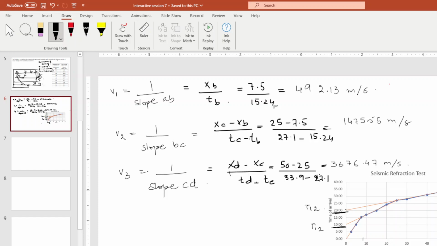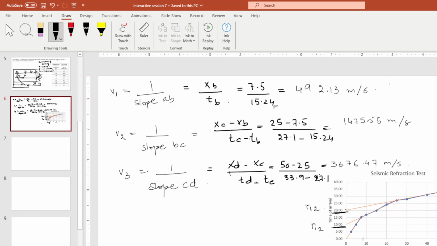Z1 will be equivalent to 1 by 2 under root of V2 minus V1 over V2 plus V1, times Ti1, with 10 to power minus 3. Okay, so let's calculate Z1.